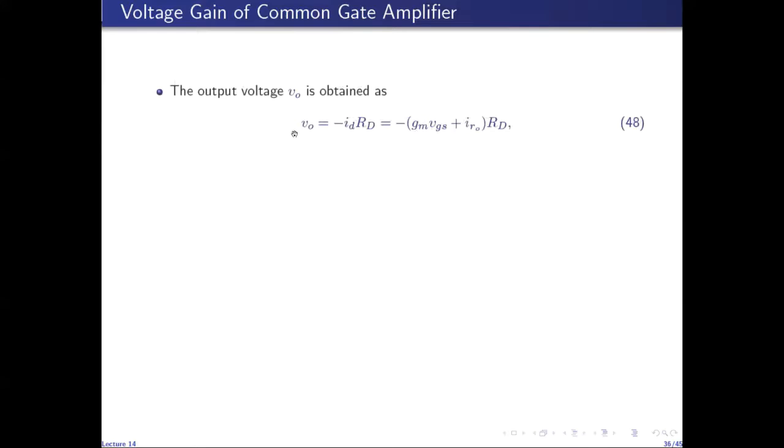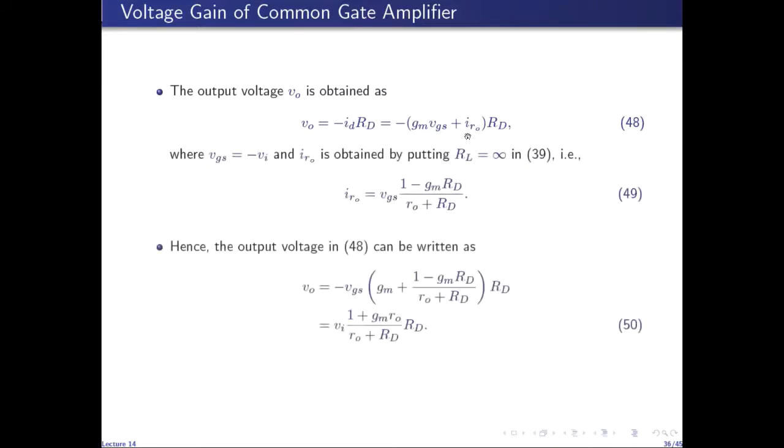So we'll write vL as minus ID times RD in parallel with RL, and then we'll use the full expression for i r naught, which is equivalent to replacing RD in this expression with RD in parallel with RL.